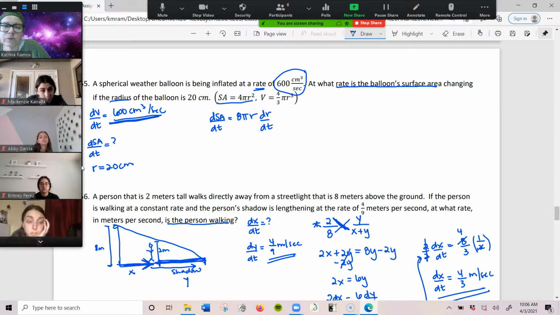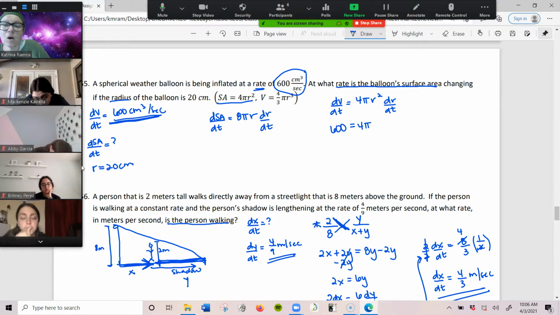So if I take that derivative, dV dt is equal to 4 pi r squared dr dt. I know dV dt was given, which is 600, is equal to 4 pi r, which was also given, which is 20 squared. And then I can use this equation to solve for dr dt.